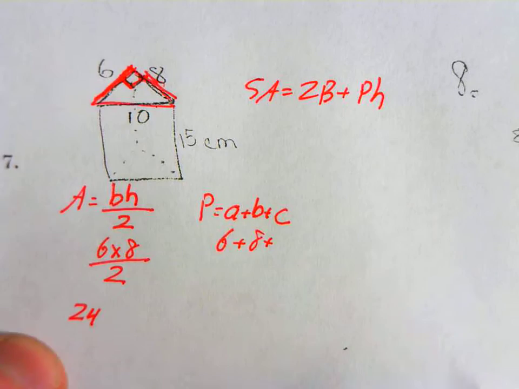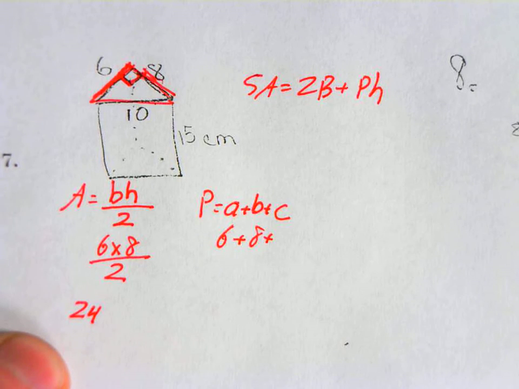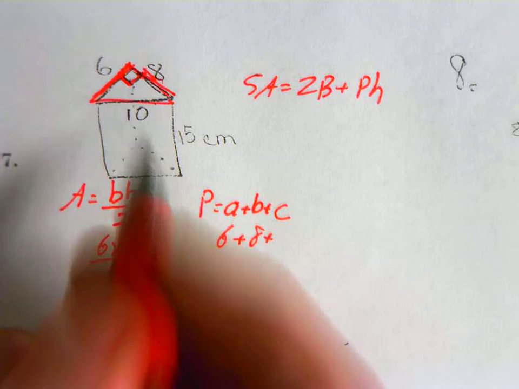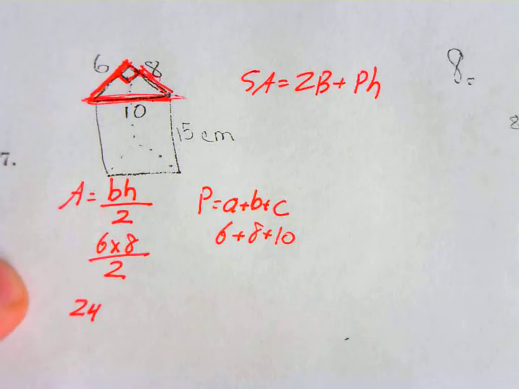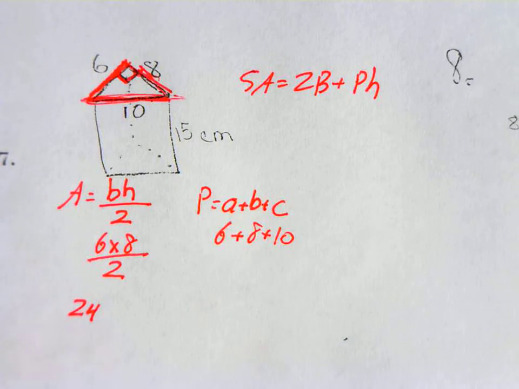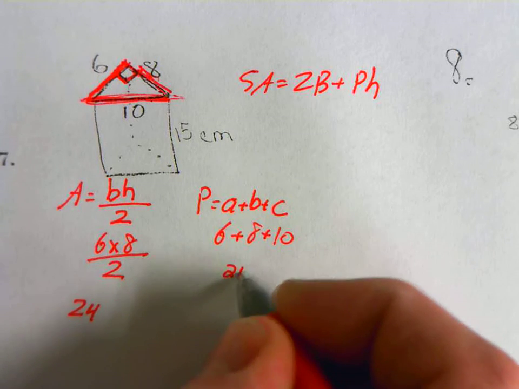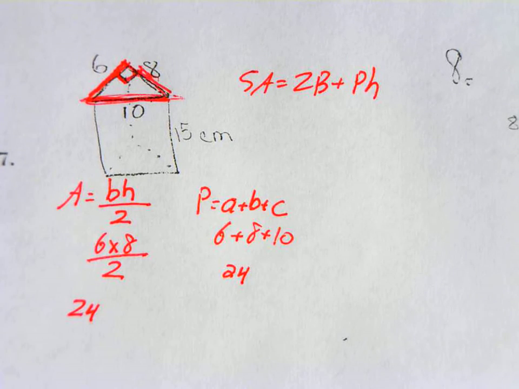This side was 6, plus this side was 8, plus, be very careful, we're not going to use 15. Go around that base you highlighted. The other number is 10. When you add those up together, you get 24. It can happen. It doesn't always happen that they're the same, but it can happen.